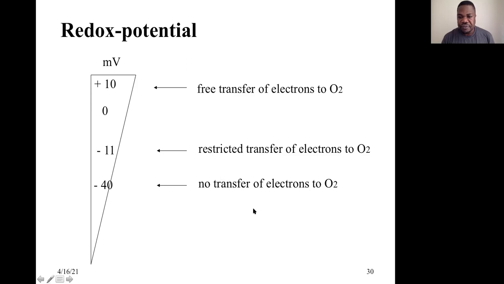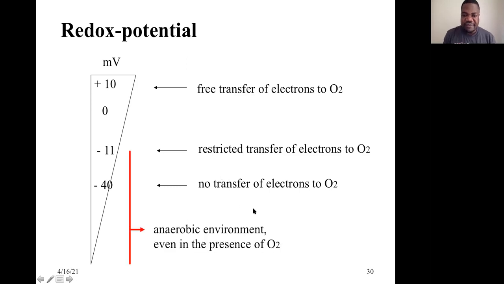So those areas with very low redox potential are areas where anaerobic bacteria can survive. So anaerobic bacteria can survive in very low redox potential areas.